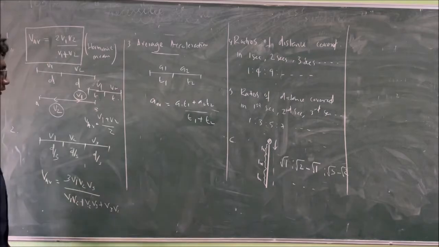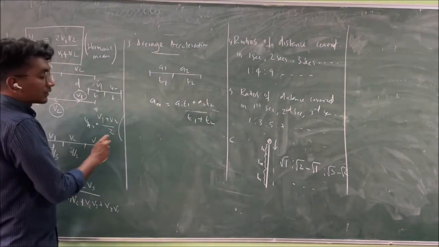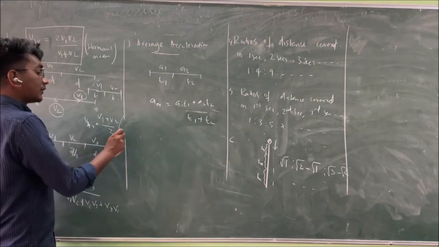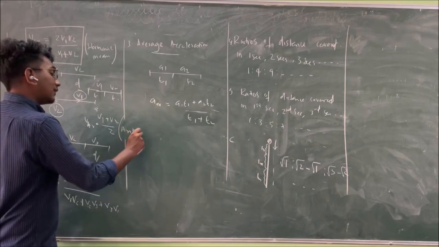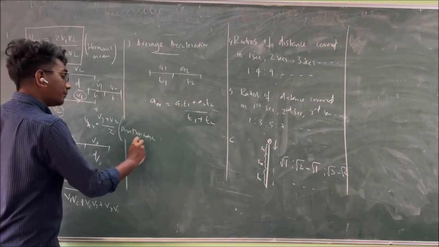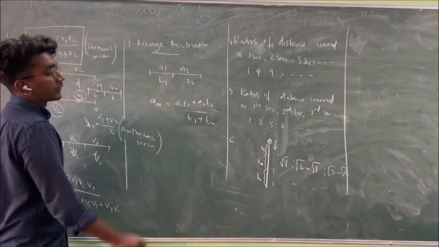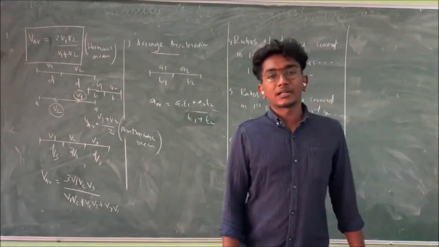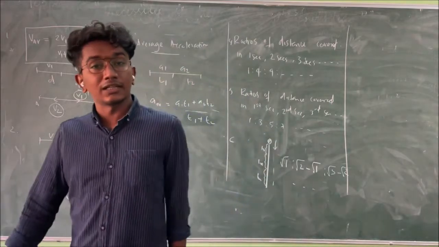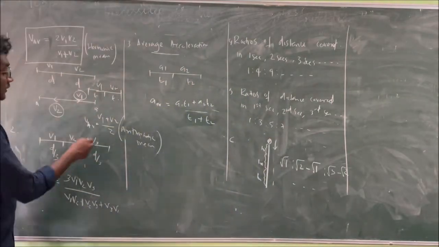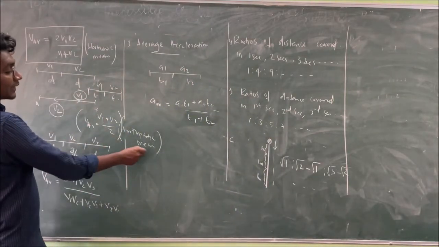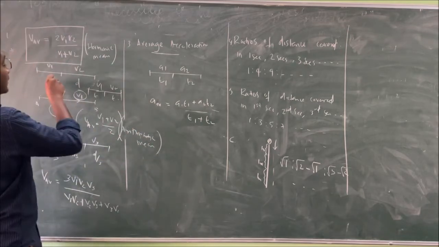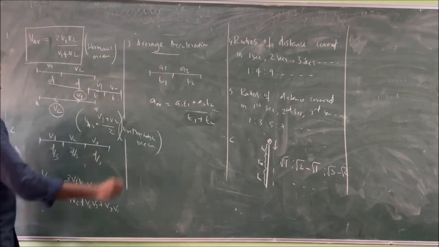This is nothing but the arithmetic mean, from arithmetic progression in sequence and series. Arithmetic progression, geometric progression, harmonic progression, you must have studied them. Look at this: same time, arithmetic mean; same distance traveled, harmonic mean.